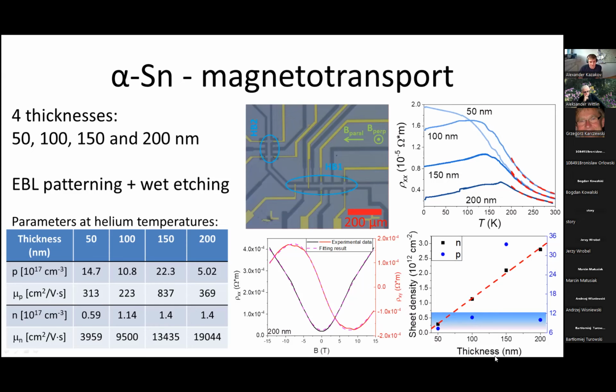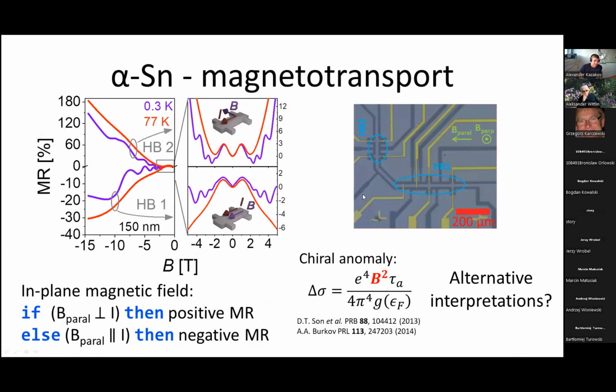From this, we can conclude that the electrons are coming from the bulk states. The p-type holes do not show any dependence on the thickness, which indicates that they are coming mostly from some interfaces or something else. So we are not 100% sure at the moment where the holes are coming from. We then checked how the magnetoresistance looks in the presence of an in-plane magnetic field.